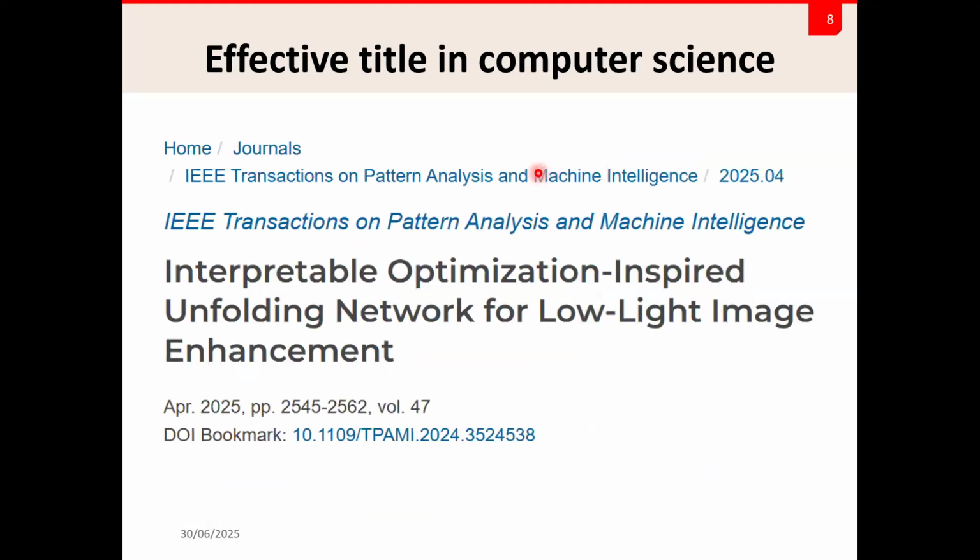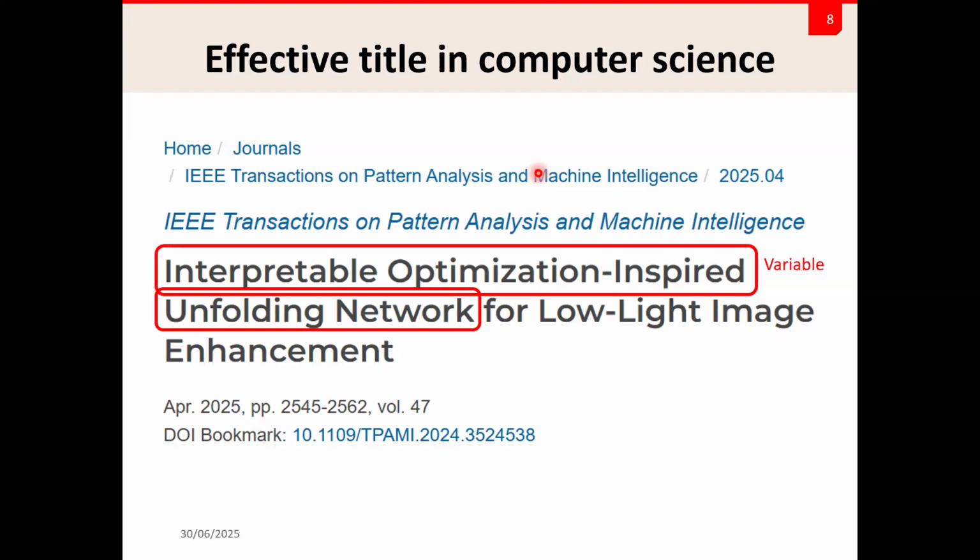I tried to get various examples from physical science to computer science and sports science. So this one is based on computer science, and this article was published recently in a computer science journal.